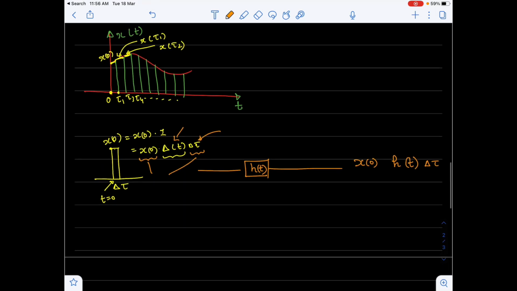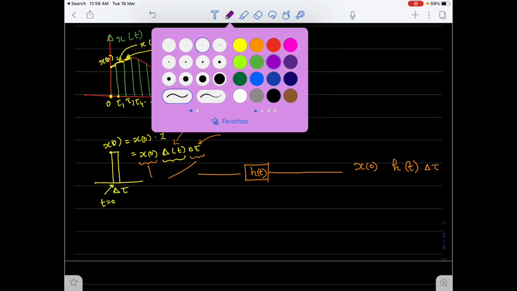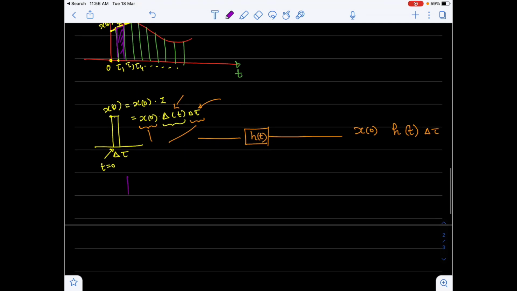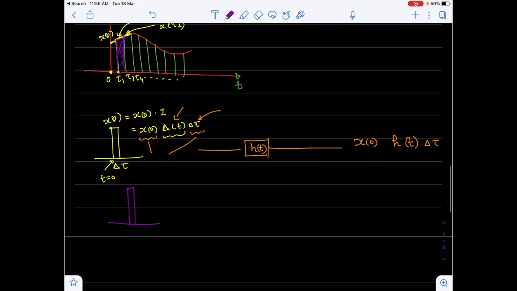Now I will consider the second one. If I consider this one, the amplitude at that point, which is happening at tau 1, is x(0) into 1.